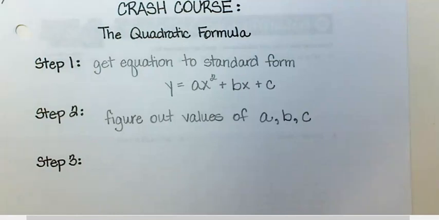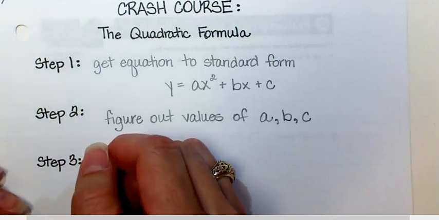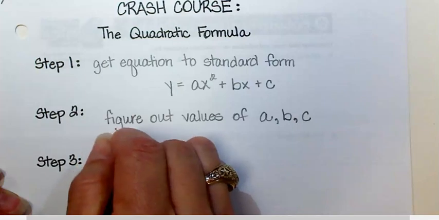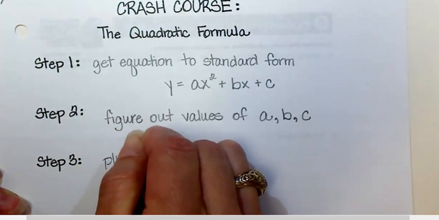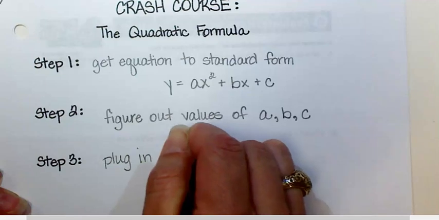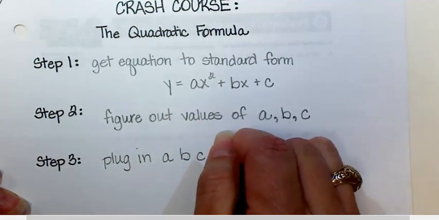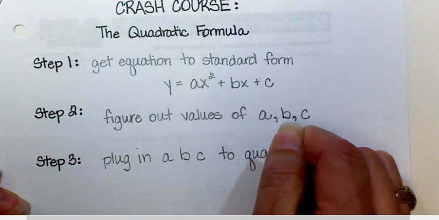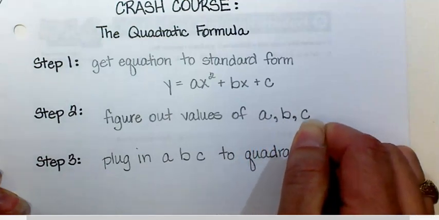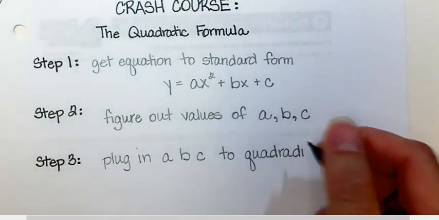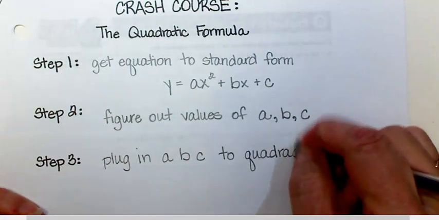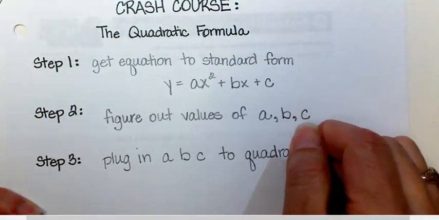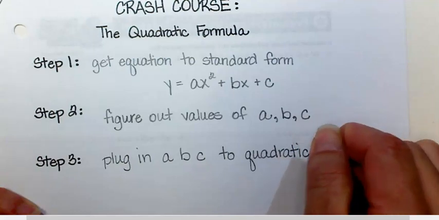And then you're just going to get your zeros or your solutions by plugging in a, b, and c to the quadratic formula. All right.